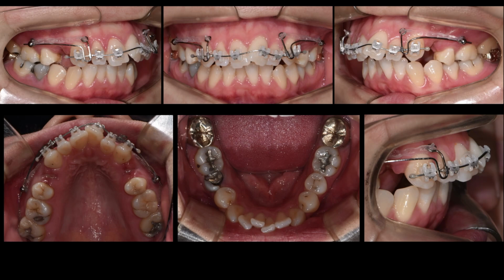Okay, 16 by 22 nitinol wire, or sometimes 18 round nitinol. But in this situation, the crowding is not so serious. So you can, okay. This is the sample. Okay.